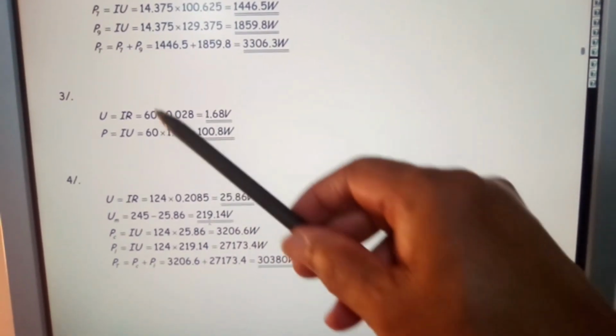Now when you multiply this, do you get that? Confirm for yourselves.